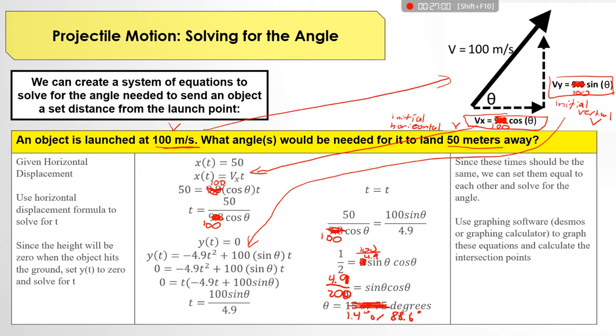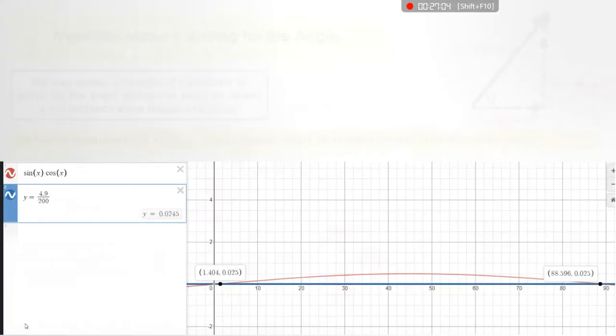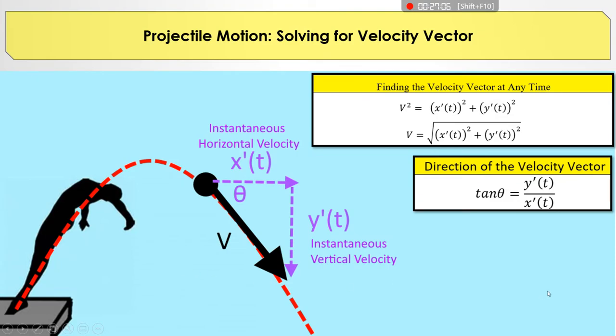Okay, cool. So last part then. Easiest one, if I want to solve for the velocity vector, that means we're finding the actual speed of the object and the direction it's traveling at that exact moment in time.